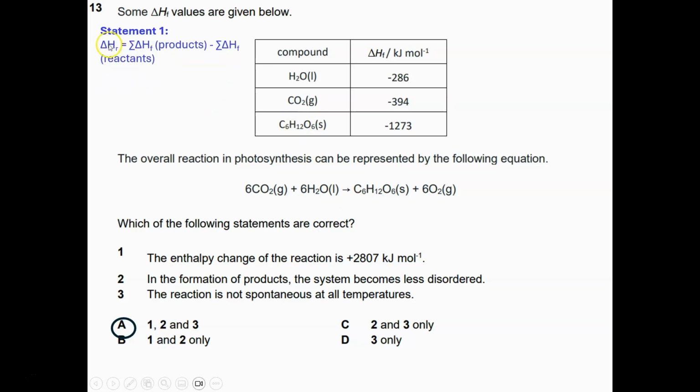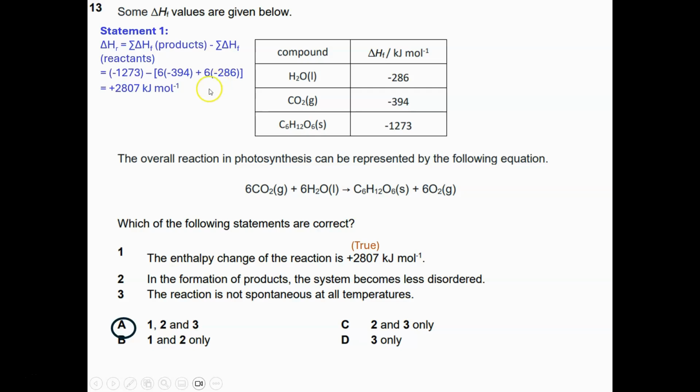So enthalpy change of reaction is the sum of enthalpy change of formation of products minus the sum of enthalpy change of formation of reactants, which will be negative 1273 minus the formation of 6 carbon dioxide plus the formation of 6 water, which is positive 2807 kilojoules per mole, which means statement 1 is true.